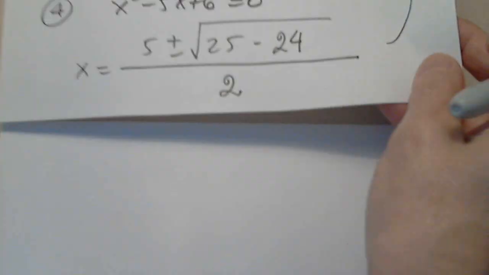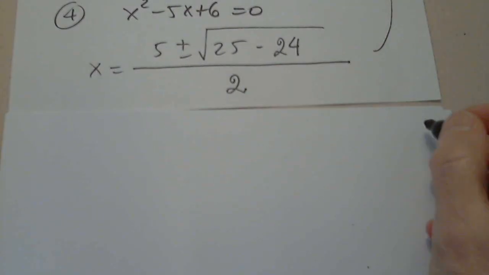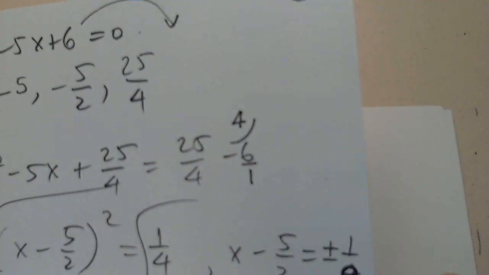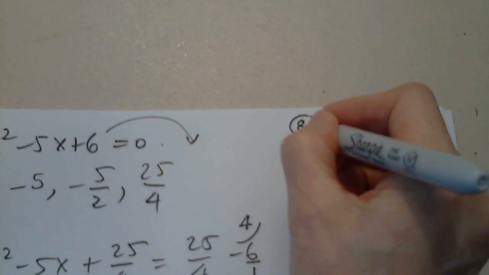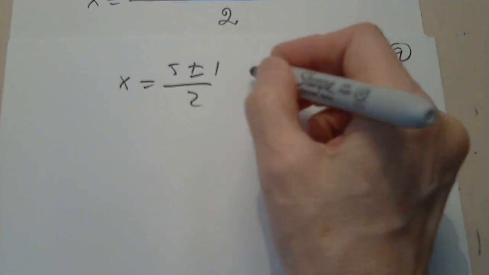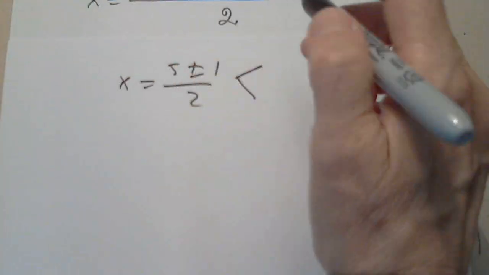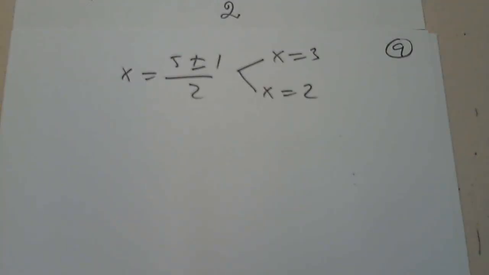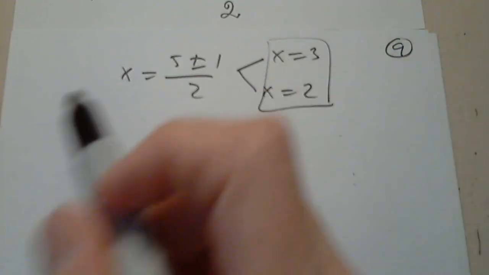So no matter which method you apply, you have to always come back to the same answer. So x equals 5 plus or minus 1 divided by 2. 5 plus 1 is 6 divided by 2. 5 minus 1 is 4 divided by 2. It better be the same thing no matter what.